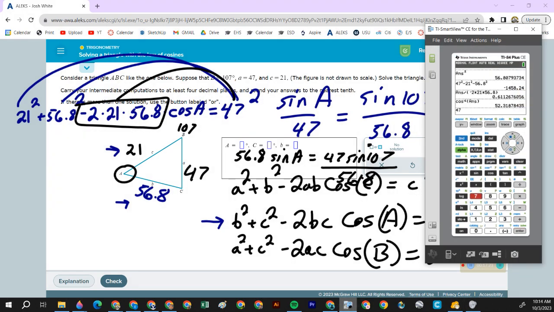So 47 sine of 107 divided by 56.8 is equal to the sine of A. So we invert the sine, and that gives me the same answer, 52.3. They'll both work. The law of sines is just a lot easier in my opinion.